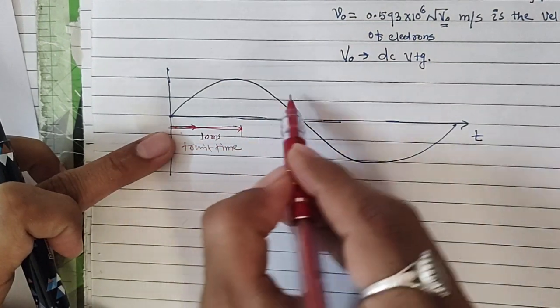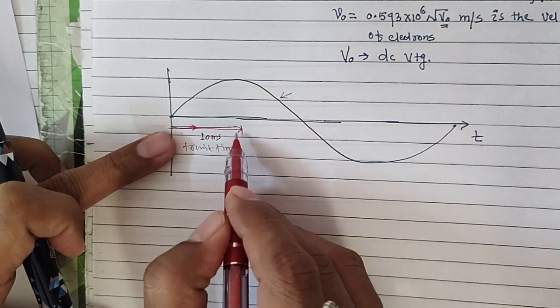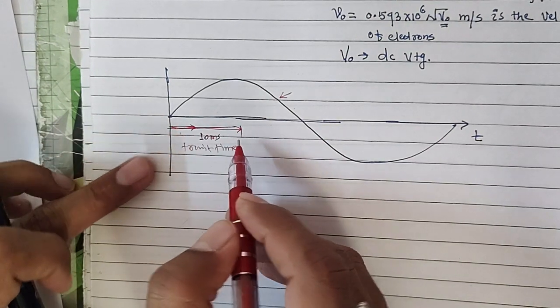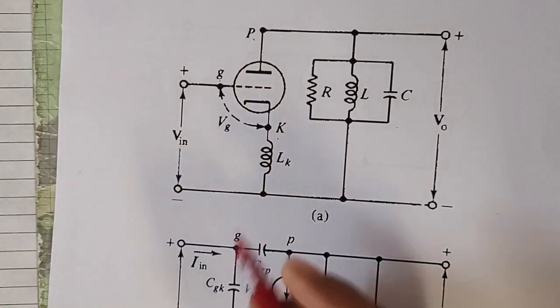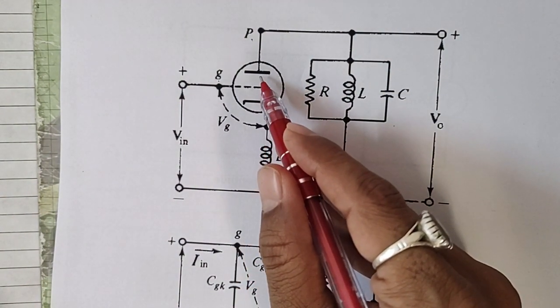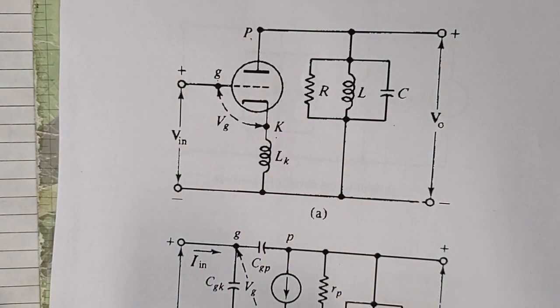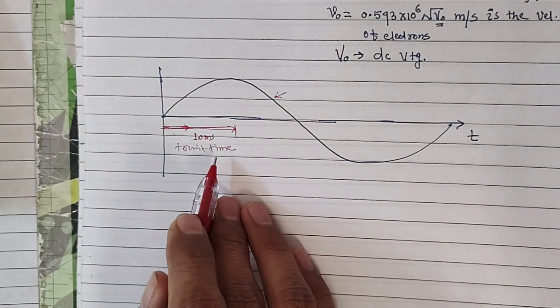If you are operating at such low frequency where phase is not changing for this transit time, electrons can start from cathode and go to the grid, and then reach the plate, so current will flow. So there is no problem at low frequency because of this transit time effect.